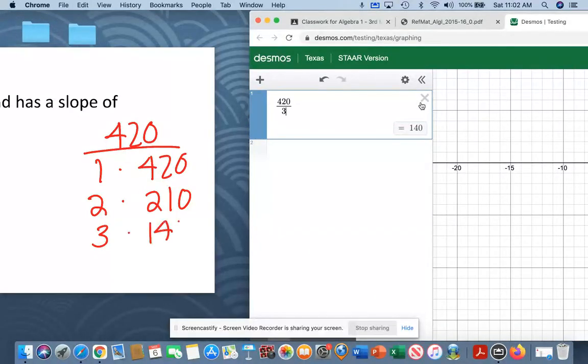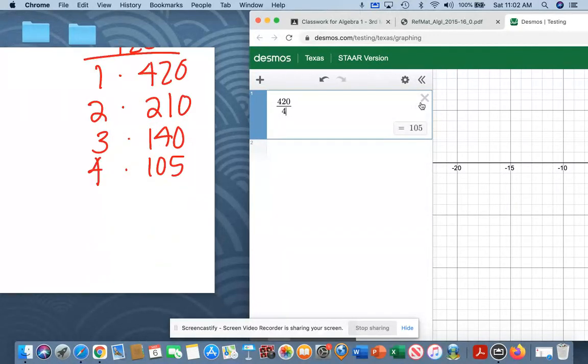What about 4? 4 and 105. 5 and 84. 6 and 70.